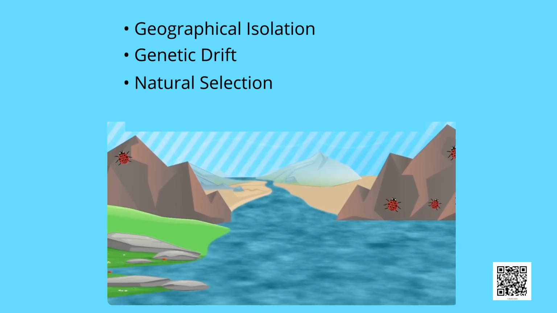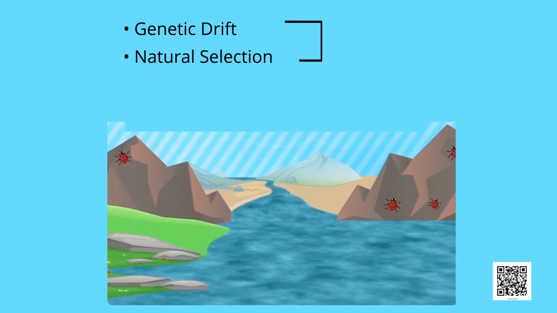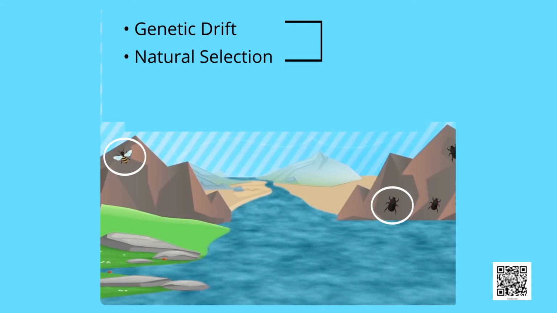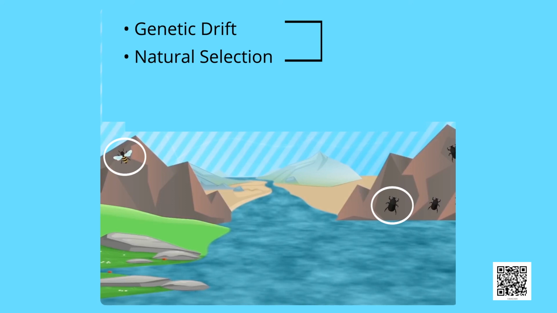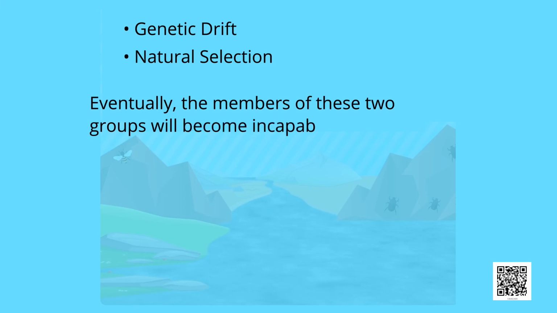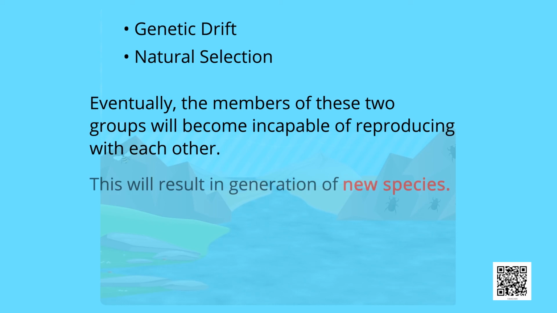Together, the process of genetic drift and natural selection will result in these two isolated subpopulations of beetles becoming more and more different from each other. Eventually, the members of these two groups will become incapable of reproducing with each other. This will result in the generation of new species.